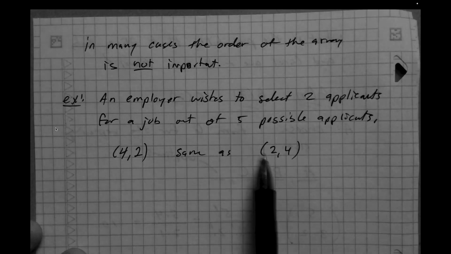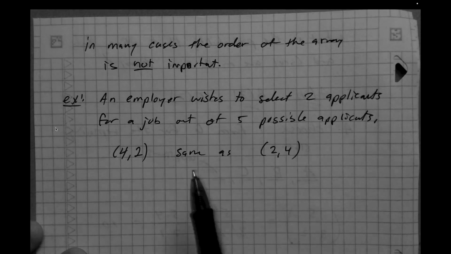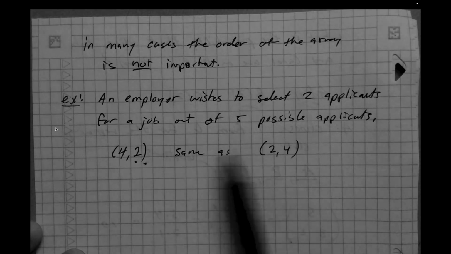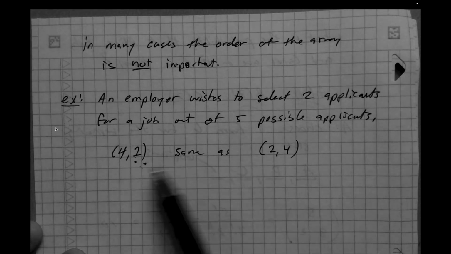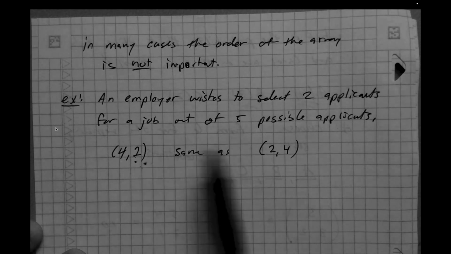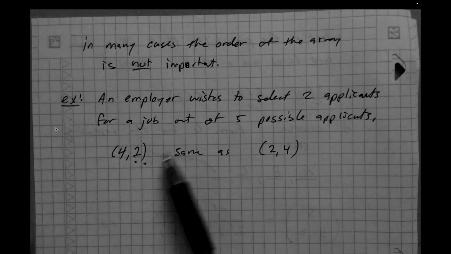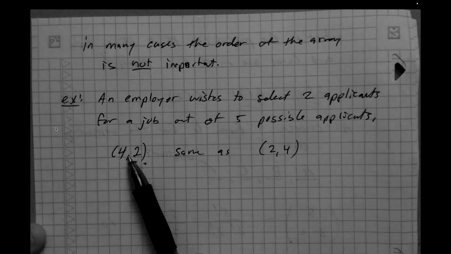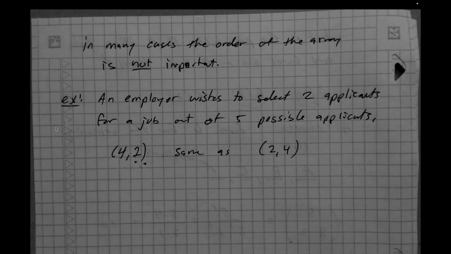But this example says he just wishes to select 2 applicants for a job out of 5 possible applicants. There's no indication that the order matters, so these would be treated as the same sample point. In these cases, we'd say applicant 4 and 2 being selected is equivalent to applicant 2 and 4 being selected.